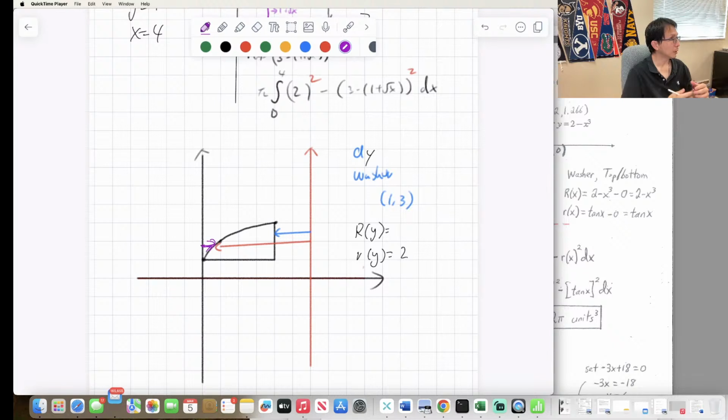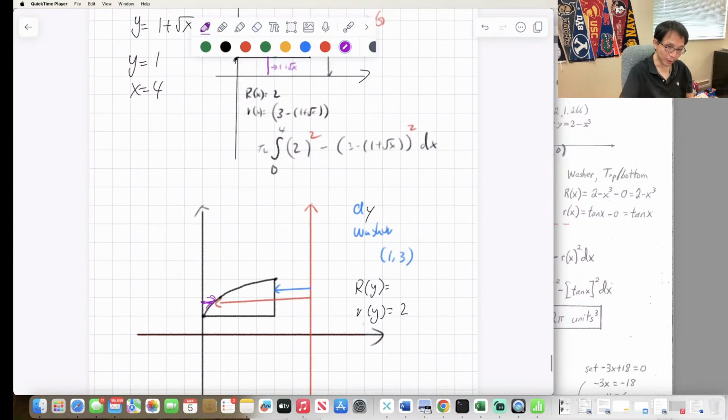What is the function, by the way? y equals 1 plus root x, y minus 1 equals root x, x equals y minus 1 squared. On the note, we said x equal to something is the distance from the x-axis to the function, which is the purple line. But I don't want the purple one. We want the red line. Does that make sense?